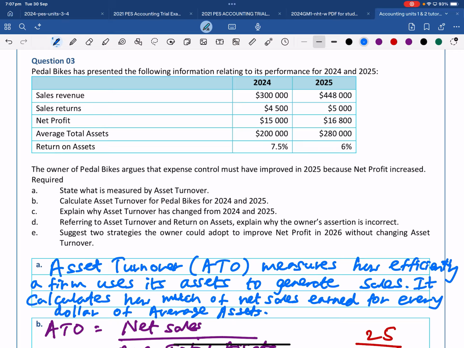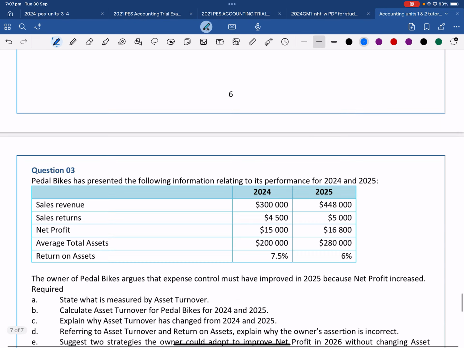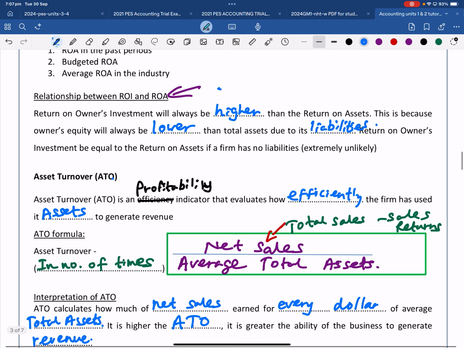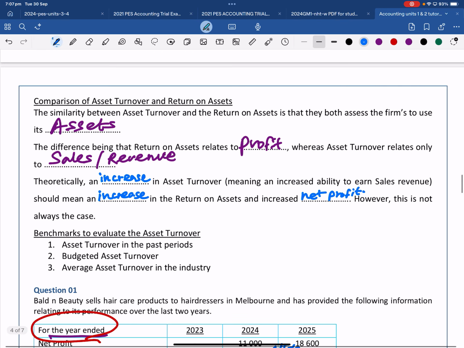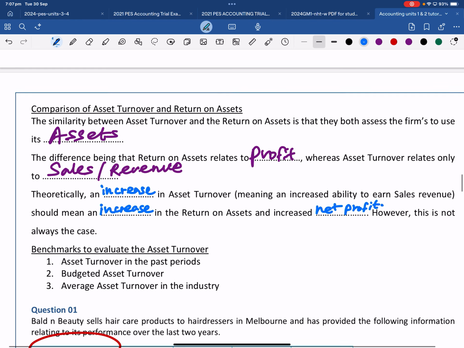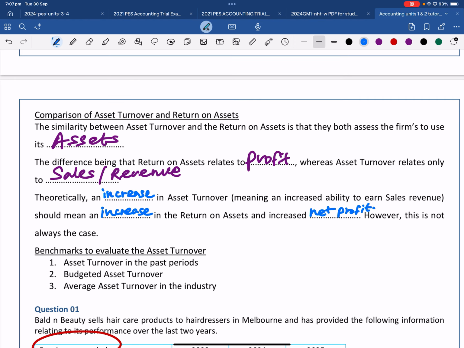But still, their ROA has dropped. Remember what I said theoretically? An increase in ATO, meaning increased ability to earn sales revenue, should mean an increase in ROA and increase in net profit. However, this is not always the case.